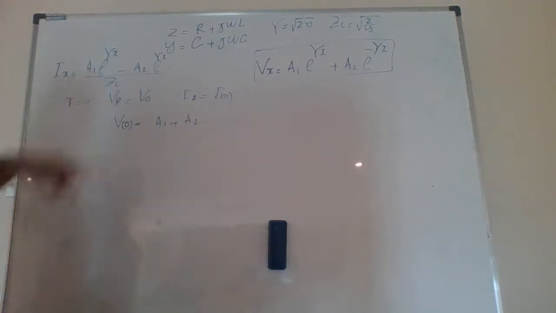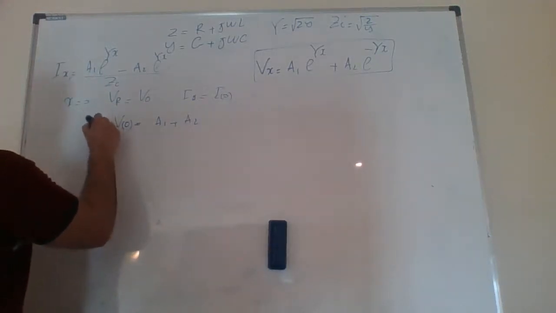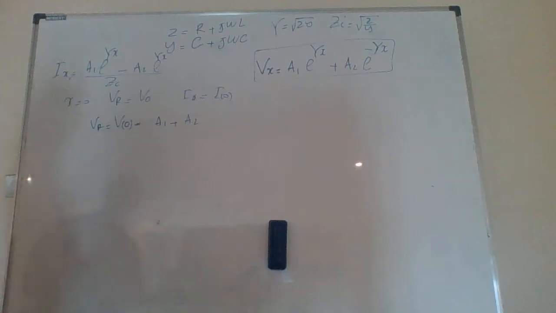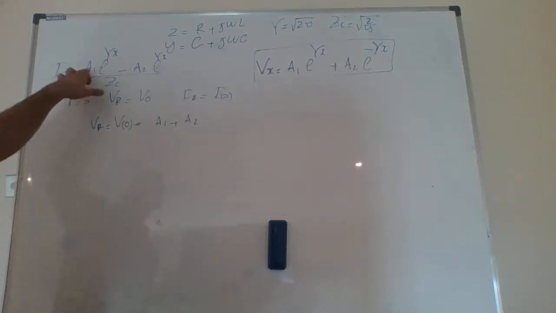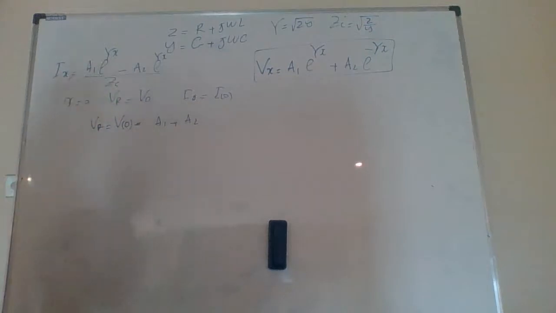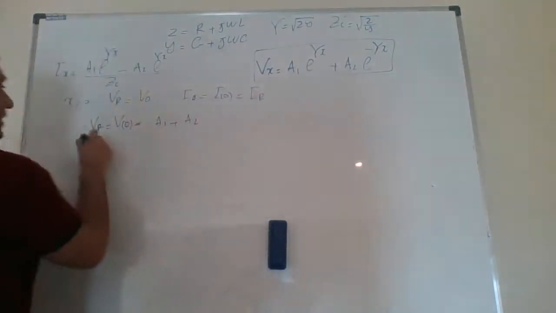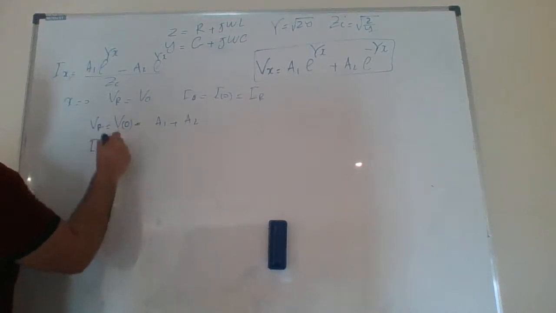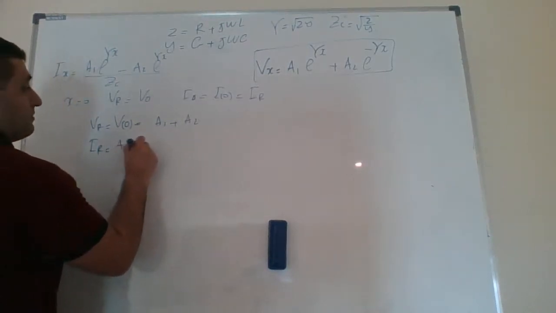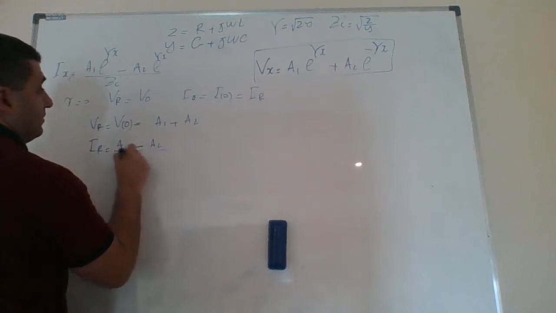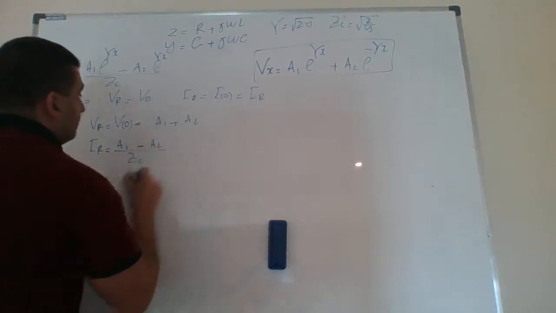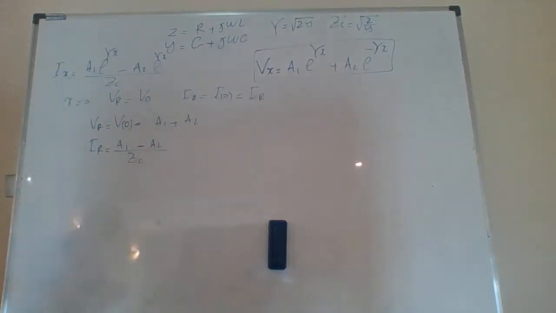Which is equal to this, VR. Perfect. When x is 0, I have A1 minus A2 over ZC, this is known as IR. I have IR equal to A1 minus A2 divided by ZC. These are the two conditions, isn't it?